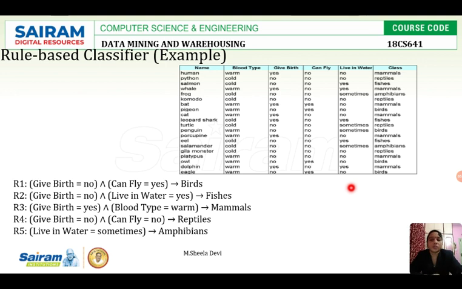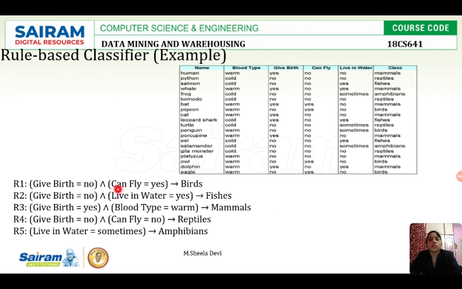Does the peacock give birth? No, just eggs. And can it fly? Yes. Then to which category does it belong? To birds. So with the help of the rules generated from the previous data set, I am predicting the new tuple or new instance. That is the use of our classification. First we are studying and creating the rules. With the rules, we will be predicting the new items. So that is called testing.